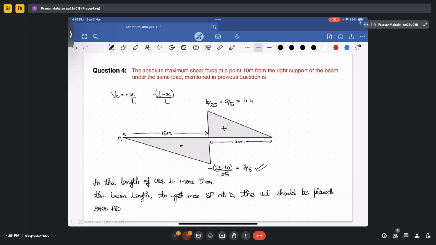So I will mark it as A, B. This I will mark as D, over AD only.